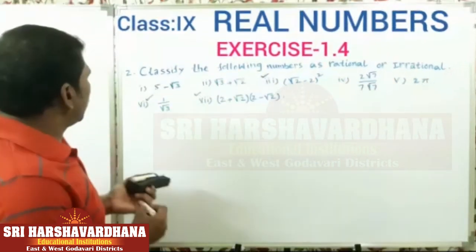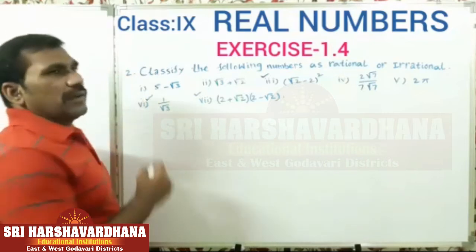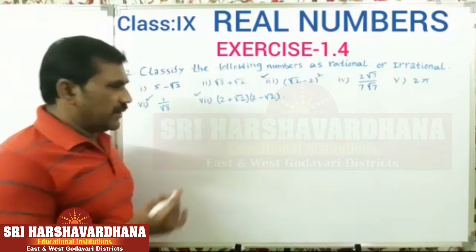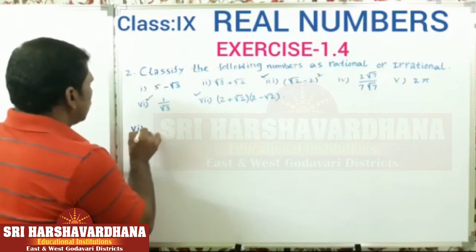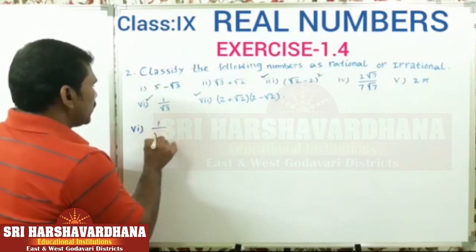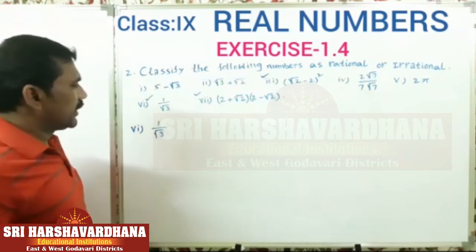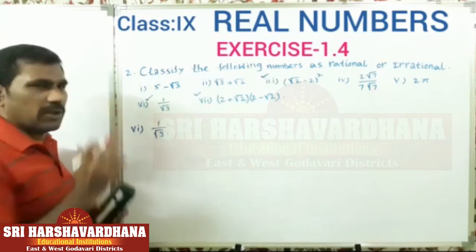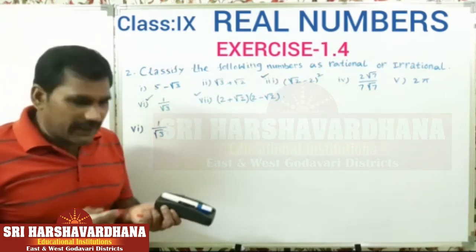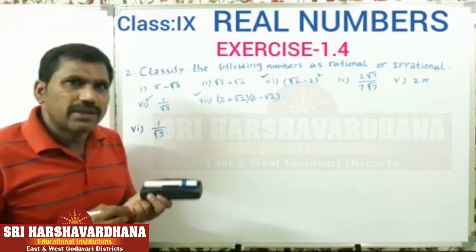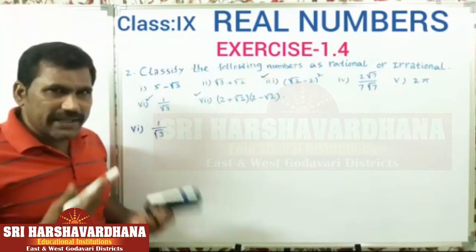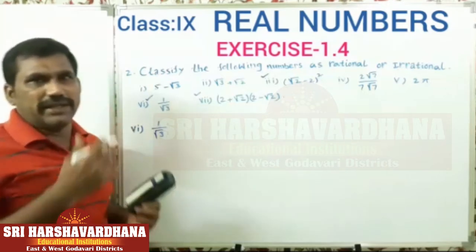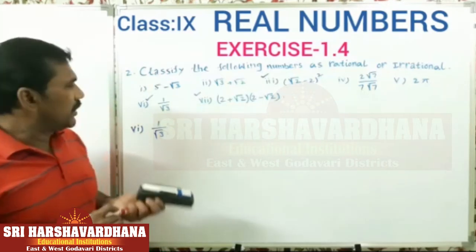Now I will explain the sixth problem of second one in exercise 1.4. See here, the sixth problem is 1 by root 3. Children, once observe the denominator of the given problem. What is the denominator? Root 3. So, this expression contains square root number in its denominator.